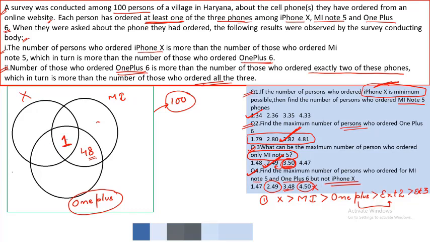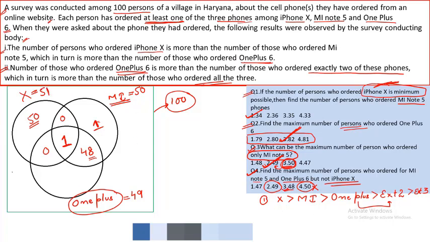If I do that, OnePlus would be now 49, exactly 2 is 48, so I'm making this as 0. Okay, now Mi is 49 as of now. If I give 1 over here, Mi would be 50. Now altogether we have utilized 50, so I can give 50 to only OnePlus X. Total of OnePlus X would be 51. And yes, this satisfies all the conditions.